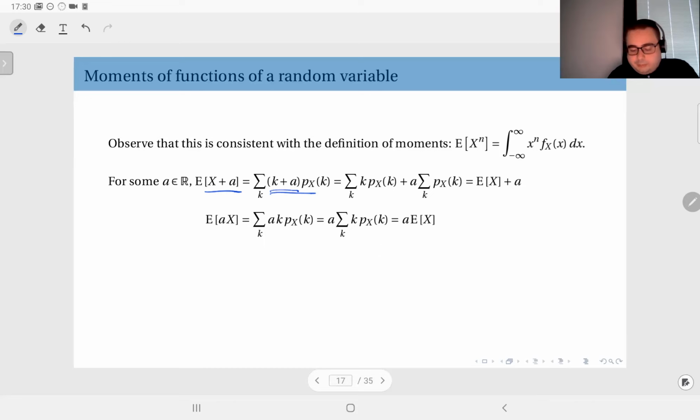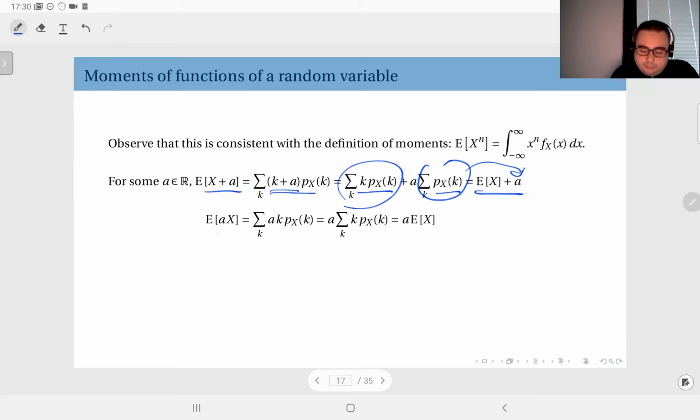Separate this, expand this expression. So this is k times the PMF plus a times the PMF. I can pull a out of the summation because it is constant. It doesn't depend on k. So this summation is 1. Therefore, I have a, and this here is just the expected value. So you get the expected value of X plus a, as expected, as we have seen earlier.